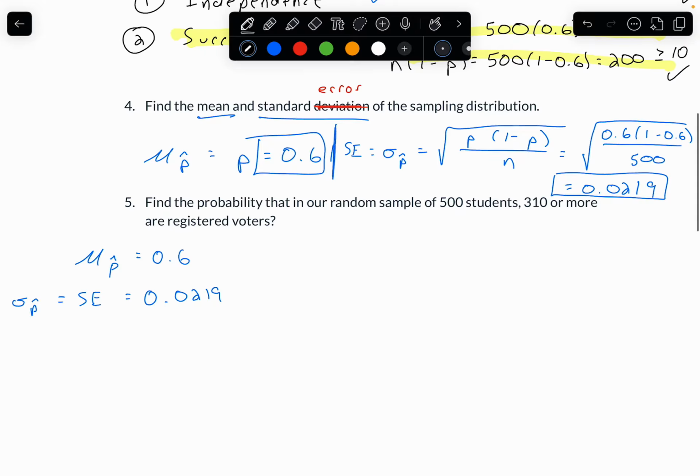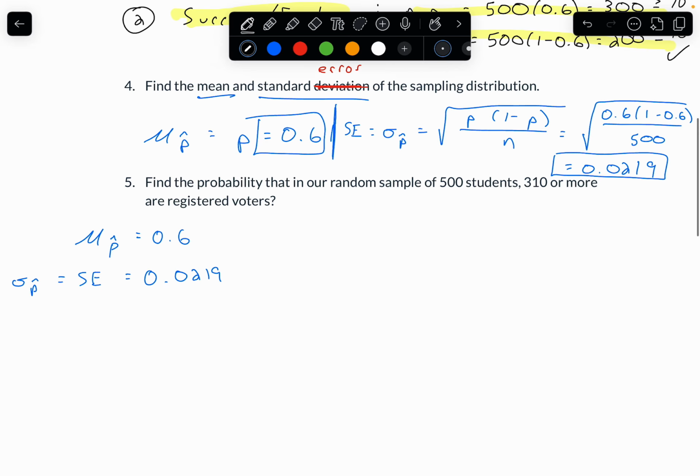So moving on to number 5, here we're going to start to get into some probability questions about this distribution. This says, find the probability that in our random sample of 500 students, 310 or more are registered voters. The first thing I'm going to do really quickly is draw out what this is going to look like.